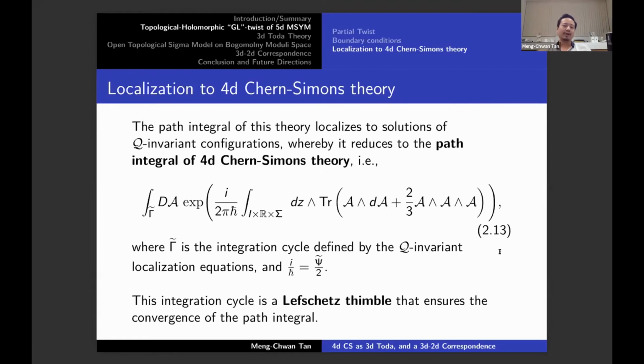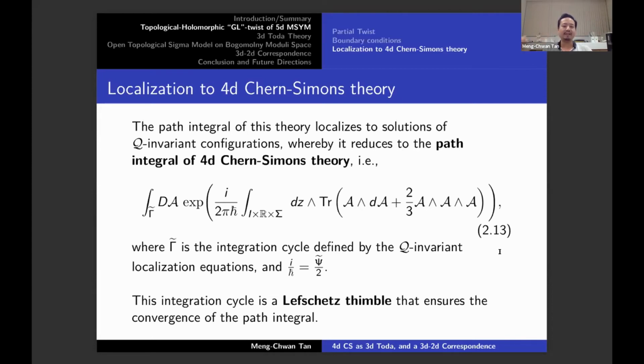So what's going on here is that of these four contributions, there's only one that survives. The one at infinity just gives us a constant factor in the path integral. You can take it out as a constant phase, if you will, and it doesn't change the dynamics of the theory. The two contributions coming from the two ends of I, the boundary conditions that we have chosen set them identically to zero.